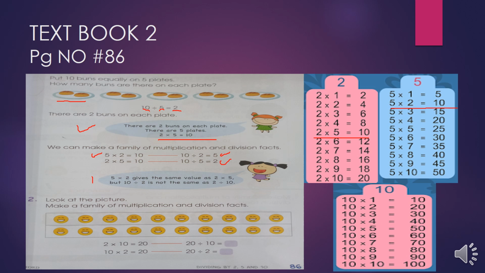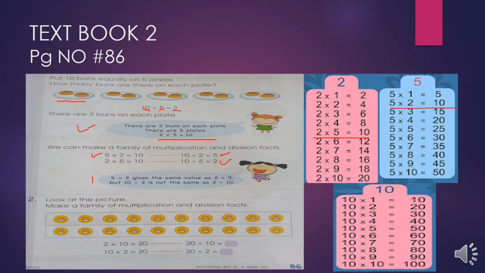Now, after this example, we are doing some questions, which is question number 2. Look at the picture. Can you see this picture? Make a family of multiplication and division facts. You can see the smileys. They are divided into 2 groups.